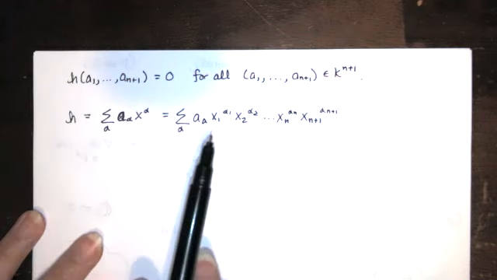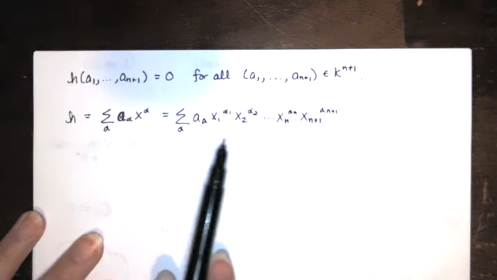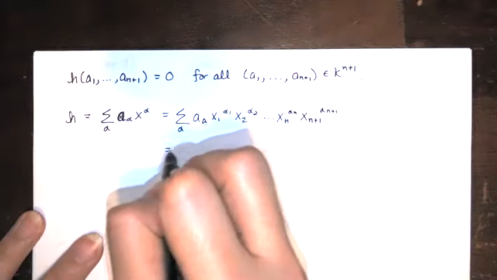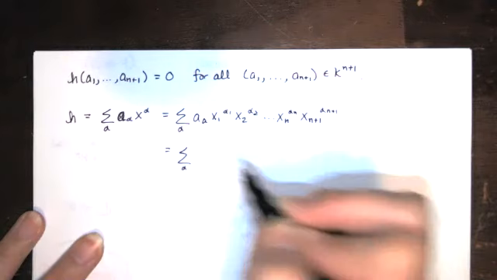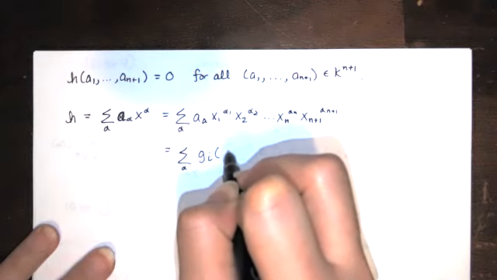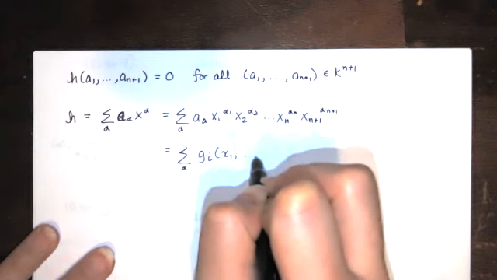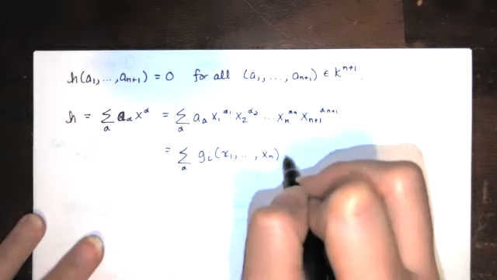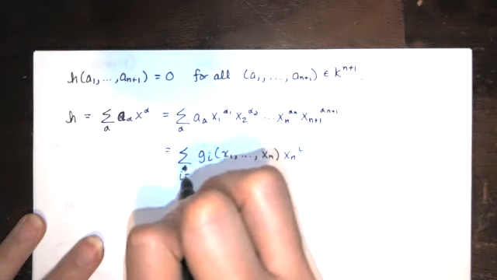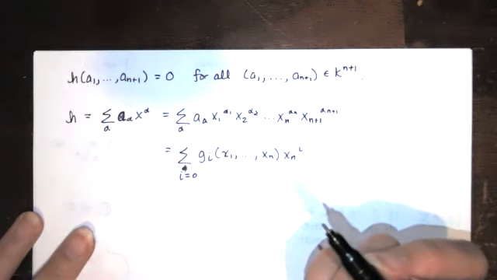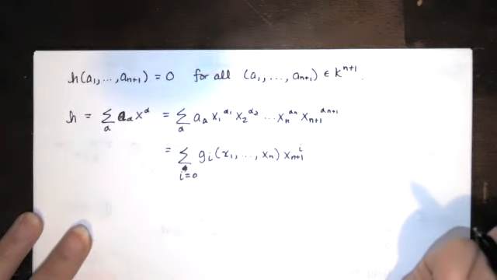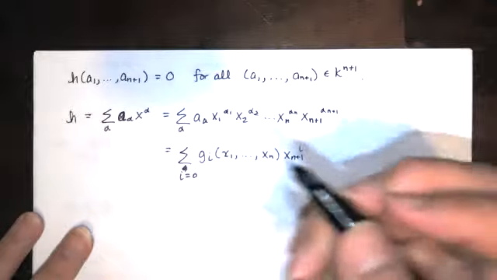Now, if we want to, we can collect powers of x sub n plus 1. So we can think of this in a different way. We can think of this as g sub i evaluated at x sub 1 through x sub n times x sub n plus 1 raised to the i. And this is for i equals 0, excuse me, through n plus 1.